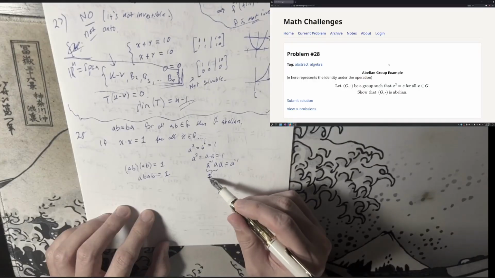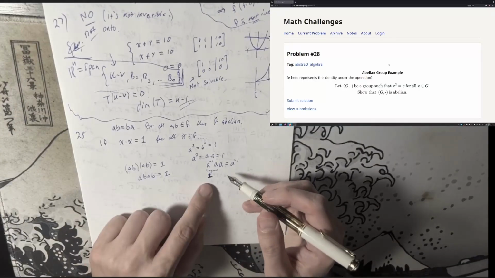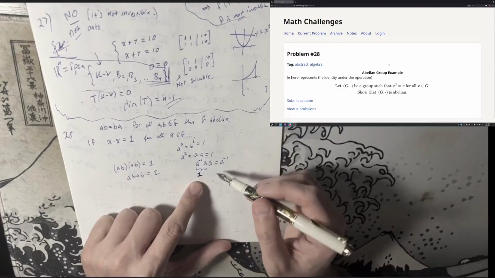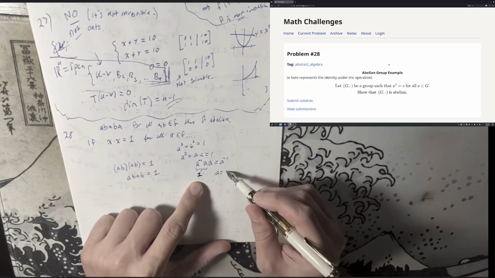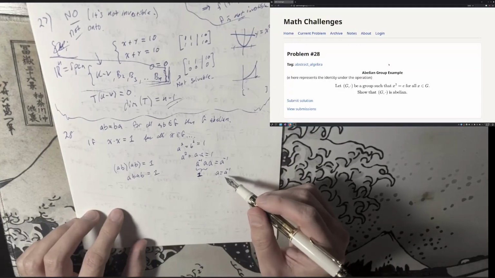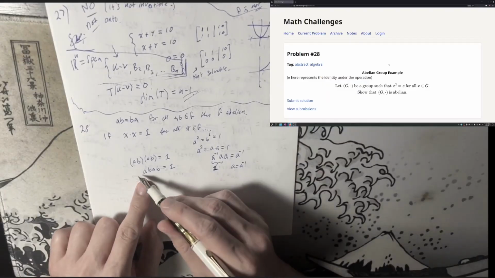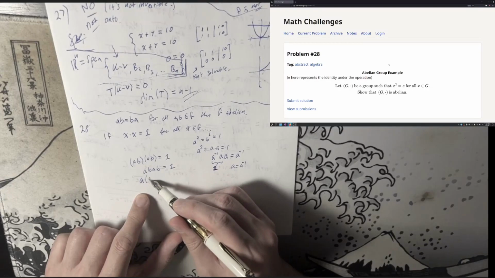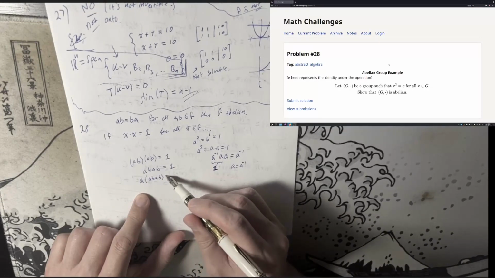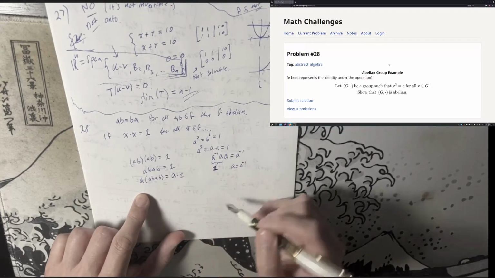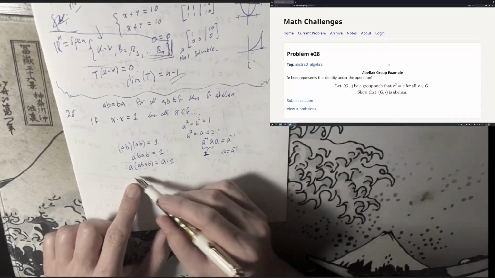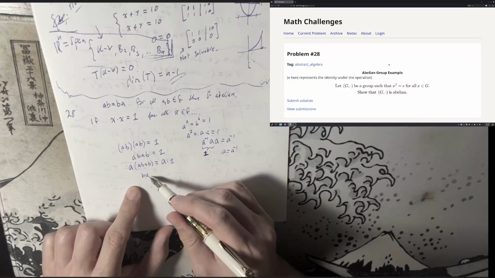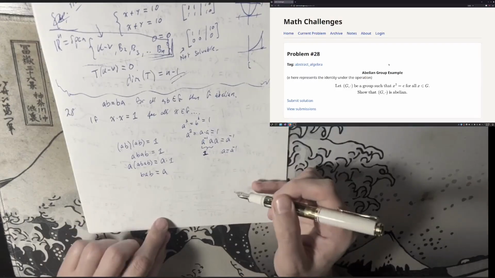That's part of the definition of being a group, is that you have inverses. So we just saw that A is its own inverse. So if I multiply on the left by A, I should get A times 1. And it should also cancel over here. So you're getting B is A.